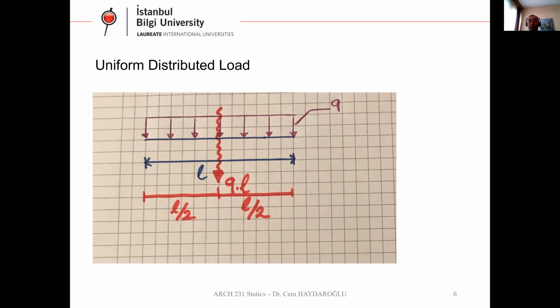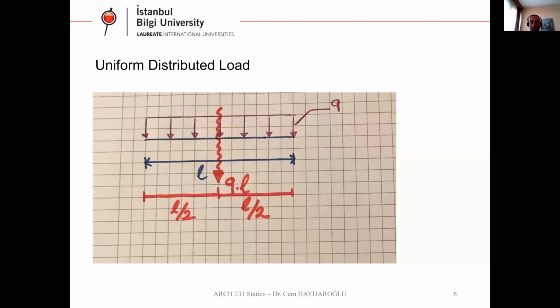The first one is the uniform distributed load, which is the basic one, the easiest one. Here you can see the blue line is my beam. On top of this blue line, I have a uniform distributed load. A uniform distributed load is represented with many arrows, as you can see here.